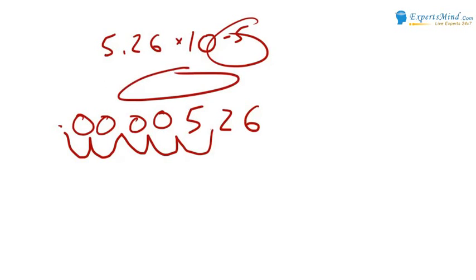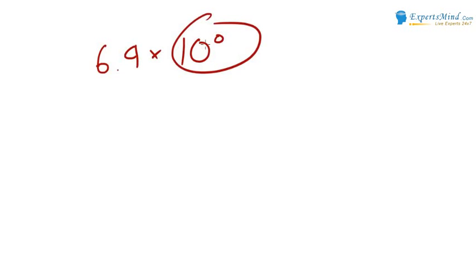So now the last example I want to tell you guys about is that zeroth exponent, because remember I told you guys you can have a positive integer or negative integer for your exponent, but you can also have 0. So if you have something like 6.9 times 10 to the 0th power, the very first thing we have to figure out is, what the heck is 10 to the 0th power? And if you remember from like 5th grade math, anything to the 0th power is 1.